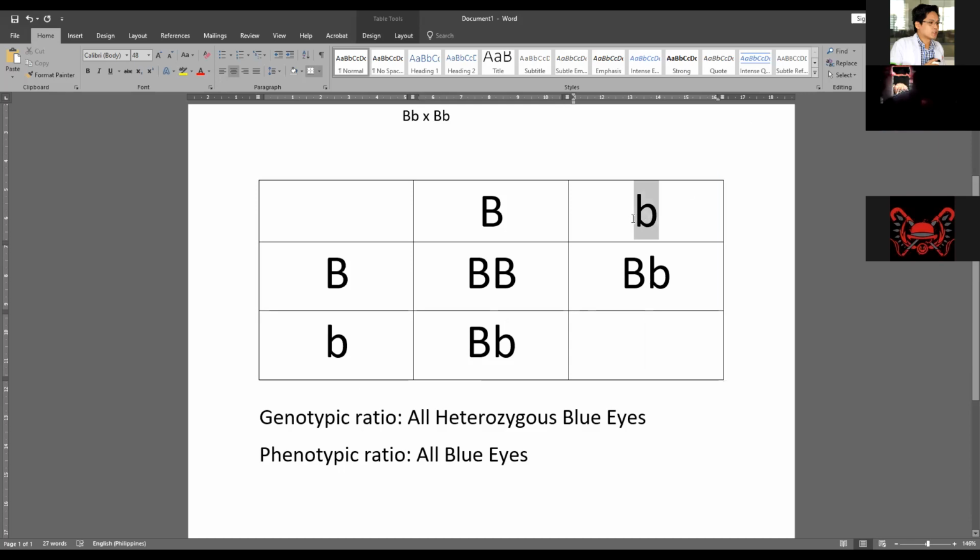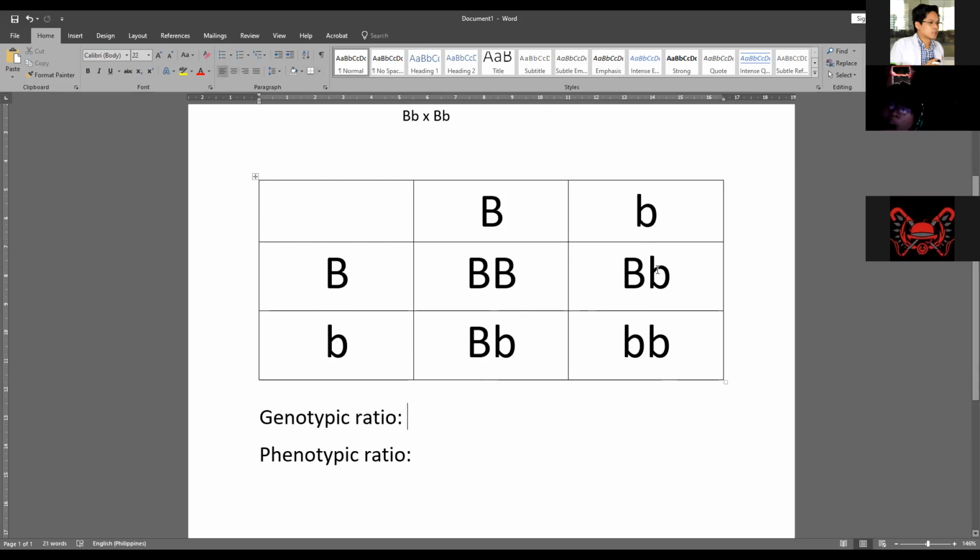You look at from the male and from the female. Okay? So there you go. By the way, these boxes also represent 25% each, for a total of 100%.